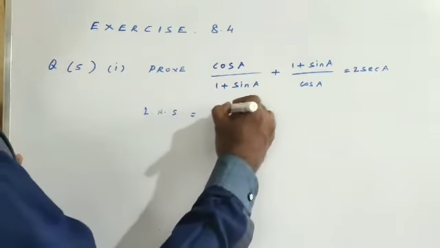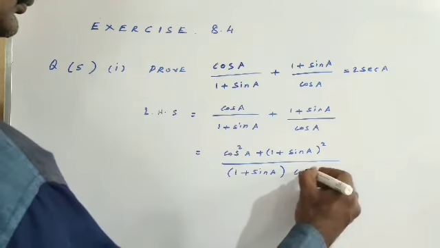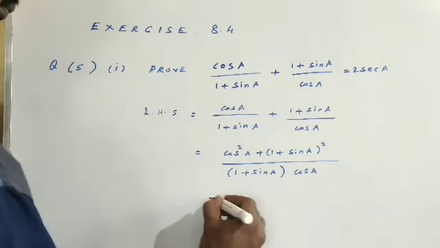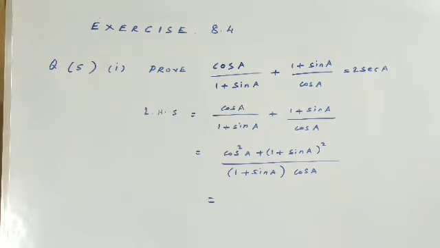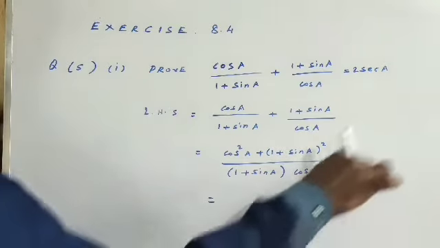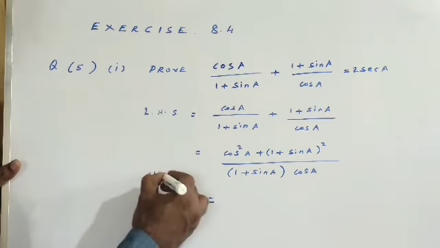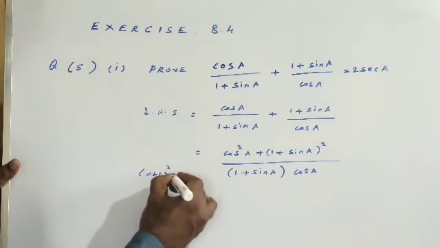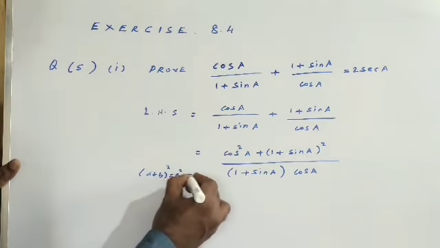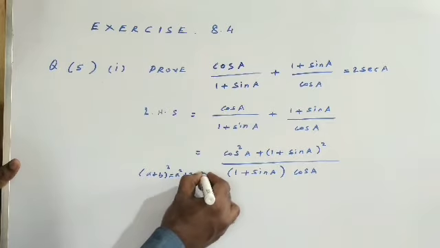In the denominator, 1 plus sin A into cos A. In the numerator, write cos square A as it is. 1 plus sin A whole square looks like the A plus B whole square formula. We know that A plus B whole square is equal to A square plus 2AB plus B square.